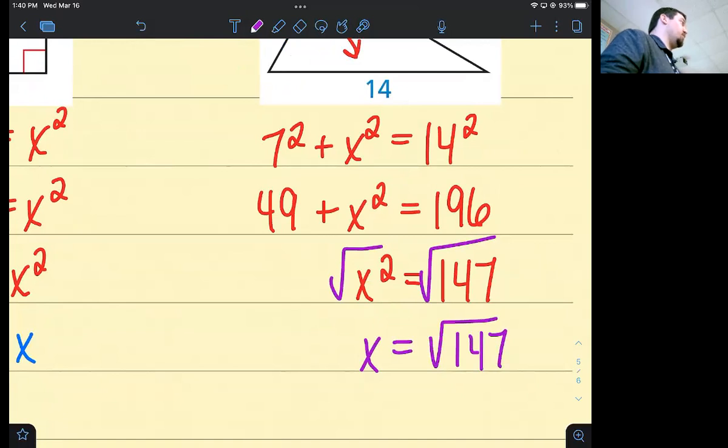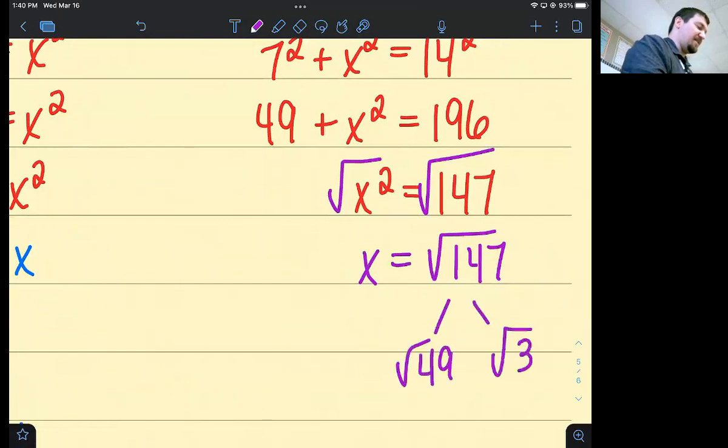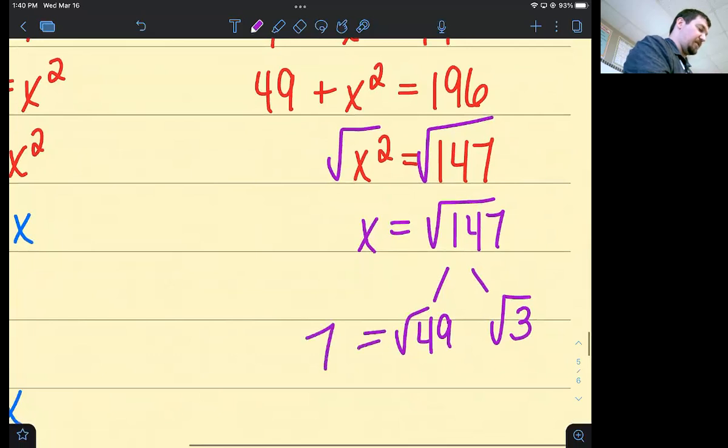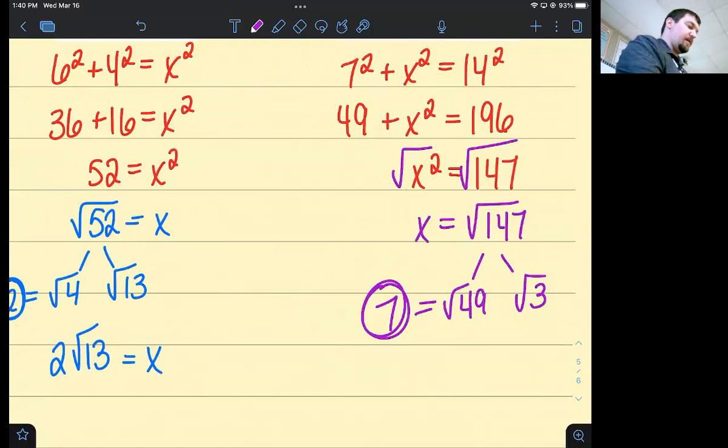Sometimes they already are reduced, but this one does. Xander, what's a perfect square that goes into 147? 49. And how many times does 49 go into 147? 3. All right. So we get our final answer of, and again, I don't really care how you show your work as long as you're showing it, x equals 7 square root 3.